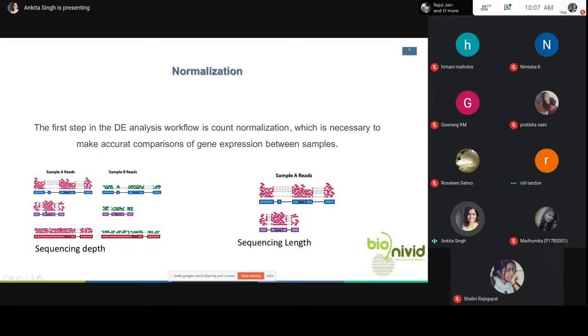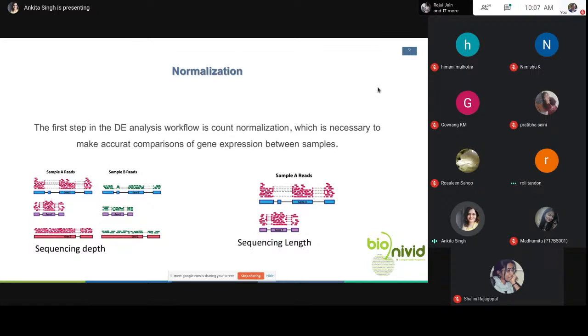If someone asks what is the expression value of that particular gene, we tell it in terms of FPKM or RPKM or TPM. So what are these? These FPKM, RPKM, TPMs are normalization methods, and they do this only: they remove the disparity due to sequencing depth. If a sample has a large amount of data and another sample has a lesser amount of data, this should not give a false expression.